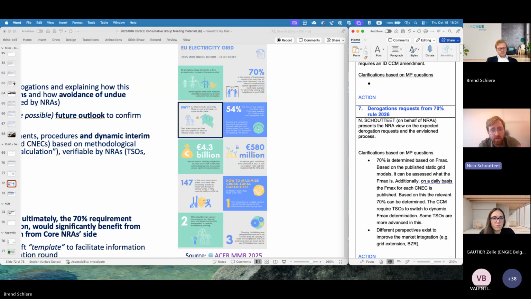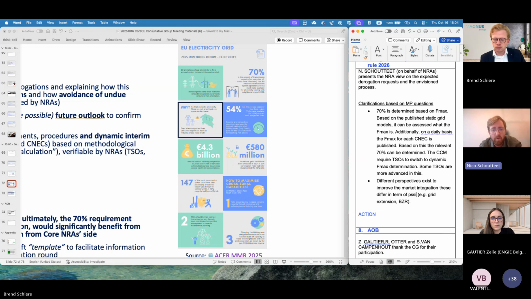You also have, as you rightly mentioned, investments in additional interconnectors, not just interconnectors, also internal reinforcements of the network. That's quite a long-term and very costly solution, but it's also one of the options. Then you have paying for congestions, so remedial actions, redispatch, counter-trade, those kinds of elements.